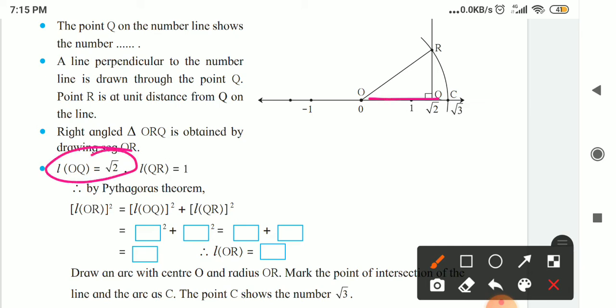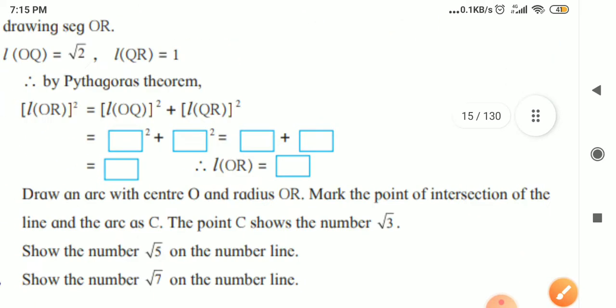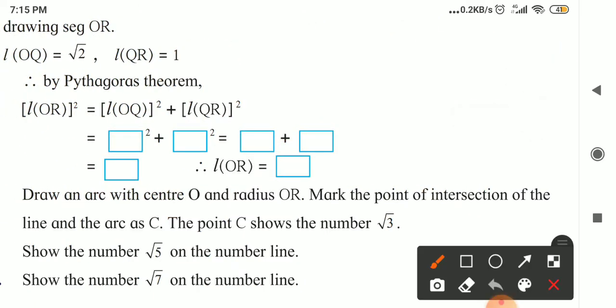Root 2. And QR we have to take 1. Using Pythagoras we have to solve this. So if I put these values here, OQ square is equal to root 2 square plus QR square.